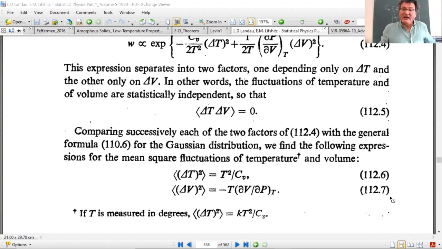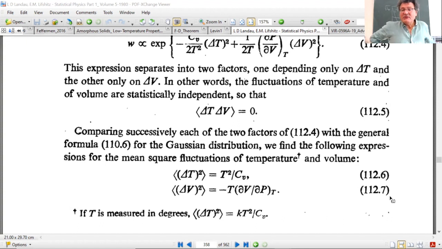And the second equation tells us the magnitude of the fluctuation in volume. In this case, the square of it is proportional to the temperature.